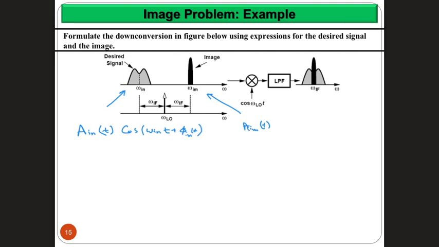multiplied by cosine omega image multiplied by t plus some phase shift of the image, right? And in general, even the phase shift can be a function of time as well. We don't know, right? That's the general form.